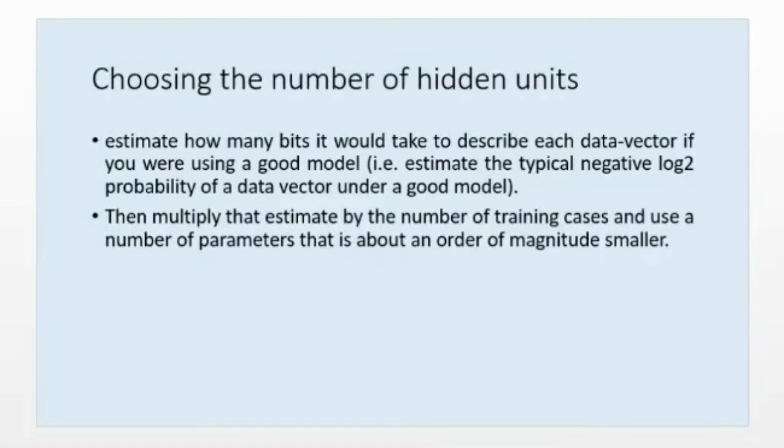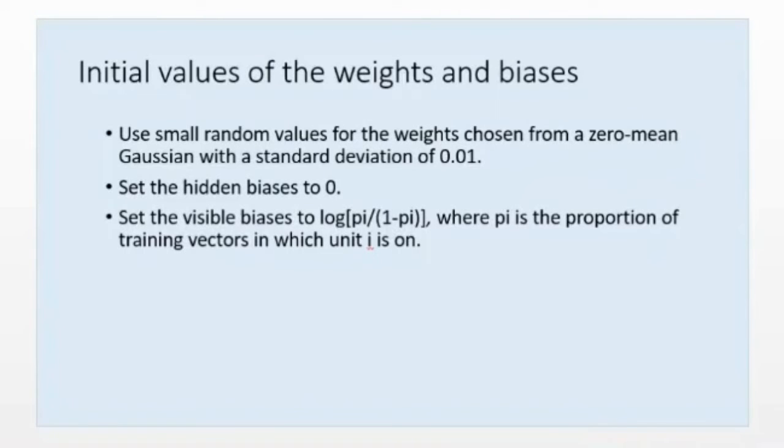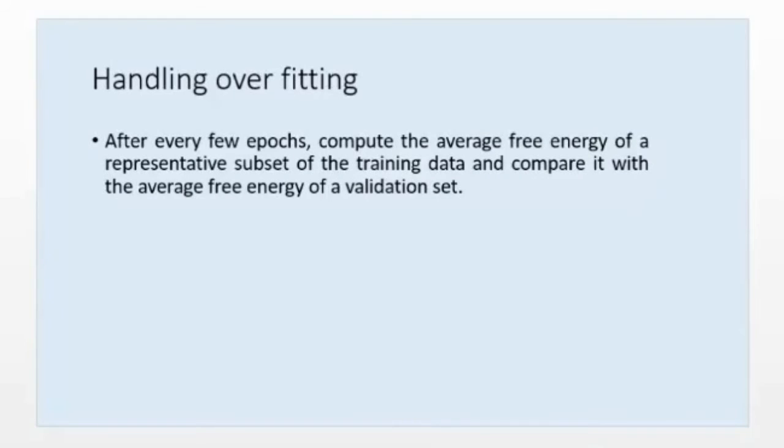Another point about overfitting: computing the average free energy is one strategy, and there is another strategy to avoid it. Some questions were asked: what is the advantage of multiple hidden layers? All of you know that we use multiple hidden layers to avoid training loss.